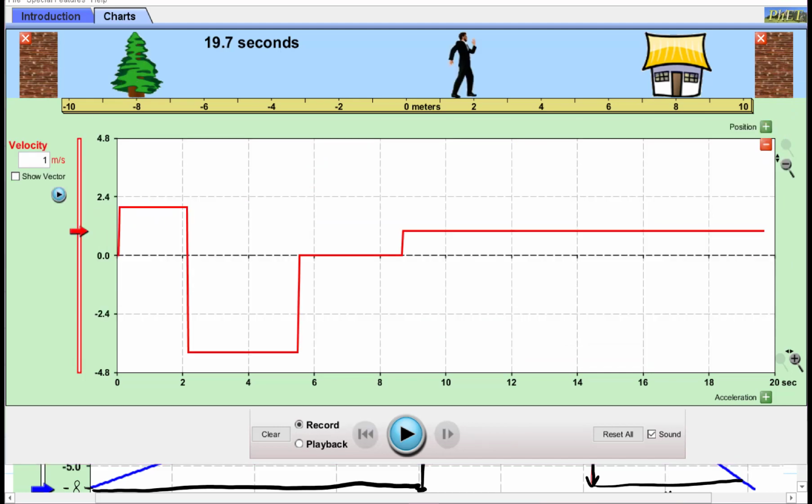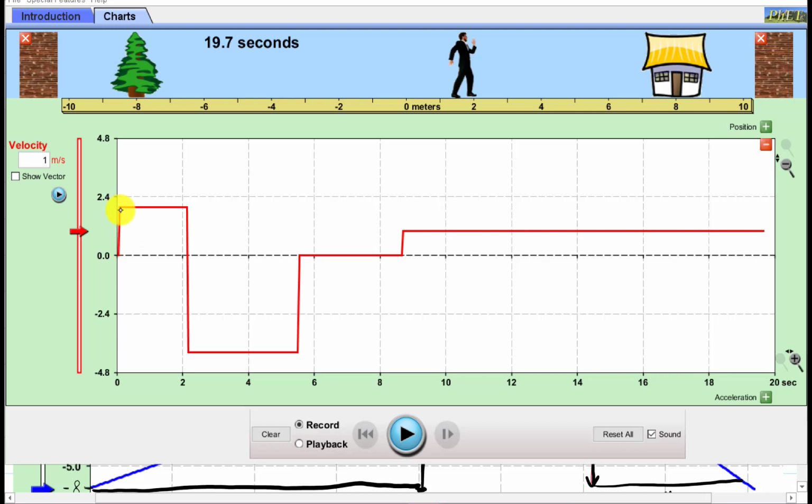Okay. Let's take a look at this. Look at this velocity graph. Can you tell me where he is passing the origin? It sure looks like he's at the origin here, right? Because that's 0. But that's not the origin. That just means he's stopped there.